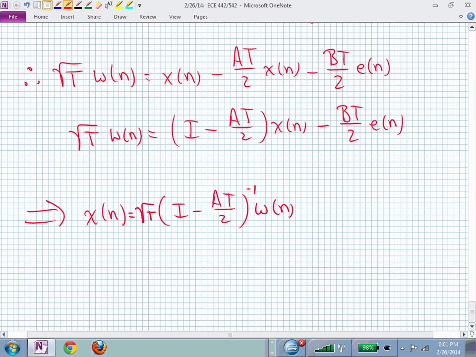The square root of t is a scalar, so that can slide around in and around different matrices.